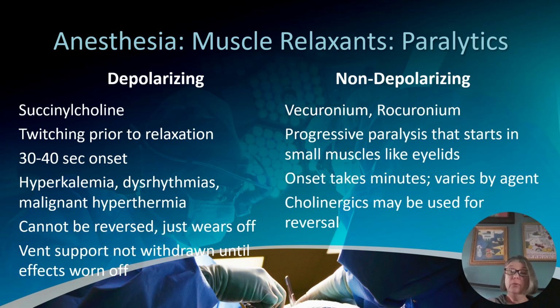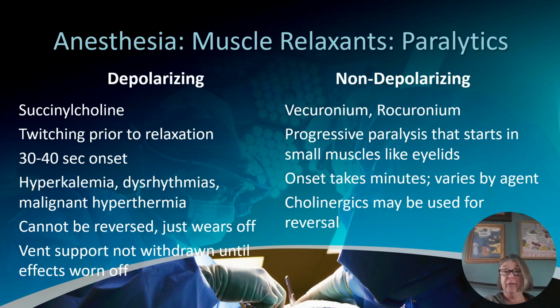But what you do want to know is that the depolarizing action causes muscle fasciculation. I'm sure I'm saying that wrong. Twitching. It causes twitching, okay, prior to relaxation. So when we use sucks, that's what we fondly call it, your person is going to twitch before they really conk out, okay?